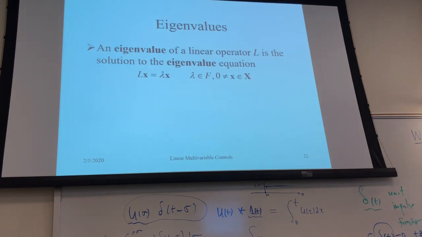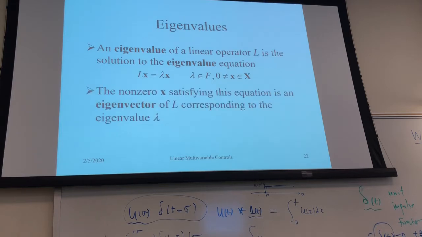If x is 0, it's trivially true, right? Lambda is from the field, it's a scalar. The x satisfying this equation is an eigenvector of this operator, and a matrix is an operator, corresponding to this eigenvalue lambda. The shorthand is E value, E vector, eigenvector.